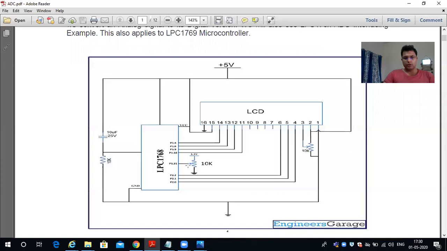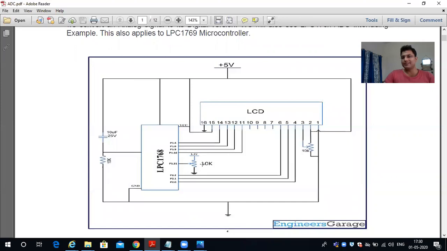Here, this P1.31, this is the port and the pin number is 31. So port number 1, pin number 31 is associated with AD05. This is AD05, which is connected to port number 1, pin number 31.